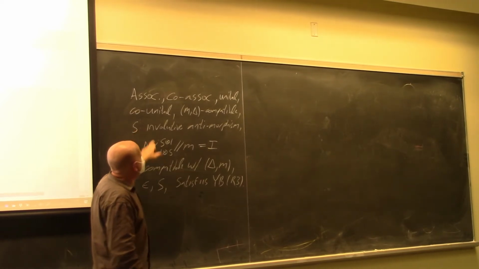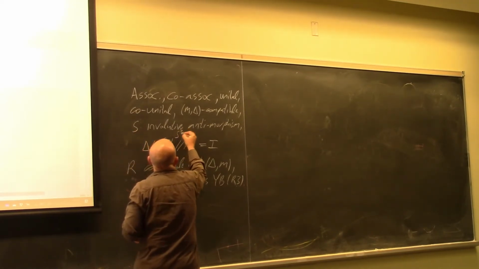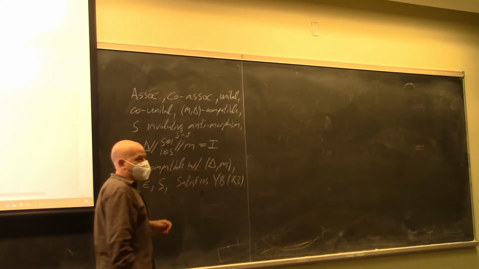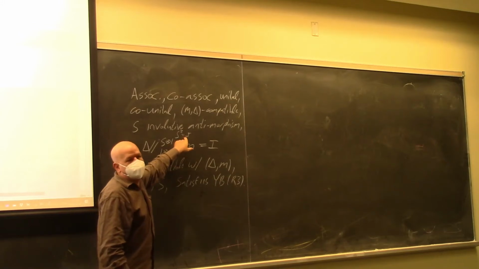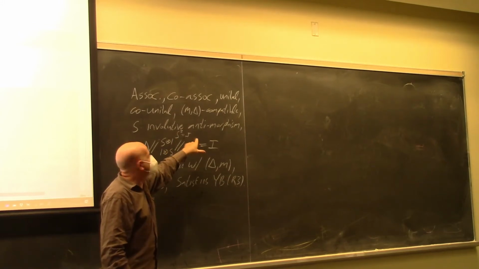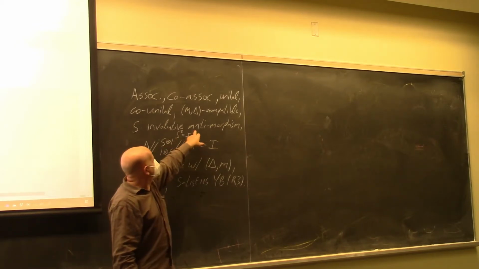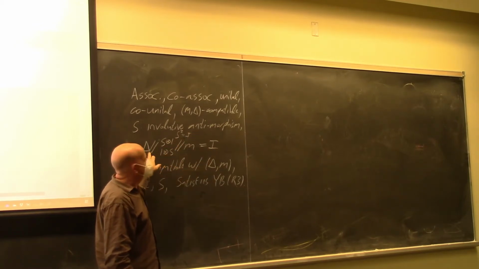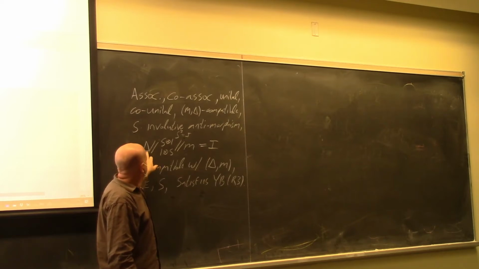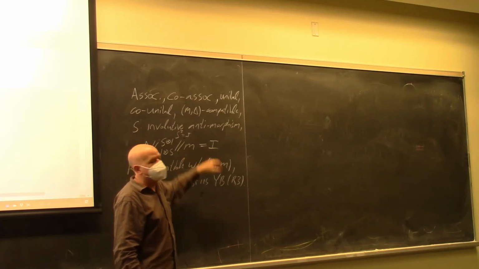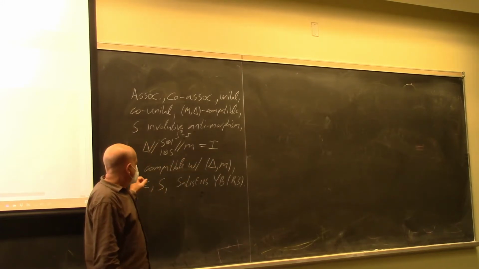S should be involutive, meaning S squared should be equal to the identity, and this is actually a key requirement because later we will drop it. An anti-homomorphism, there should be this identity here, so delta followed either by S tensor 1 or by 1 tensor S followed by M should be the identity.